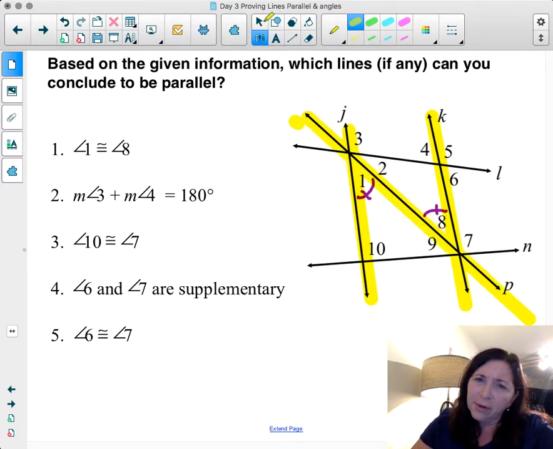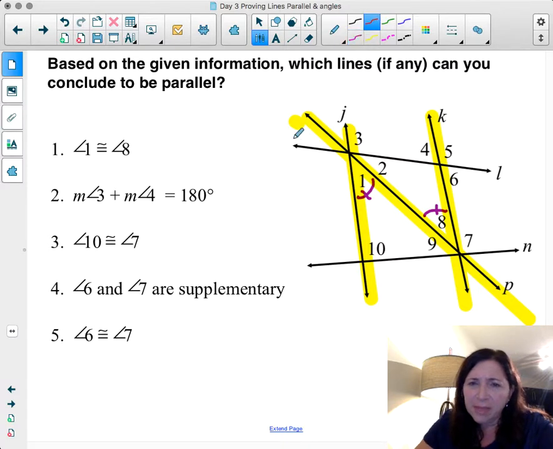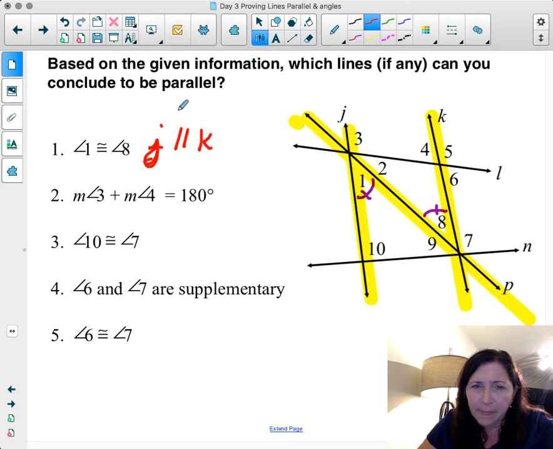Therefore, which ones would be parallel? That would be J. J is parallel to K.